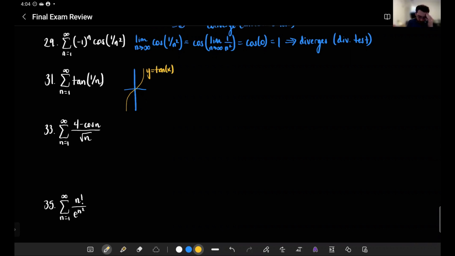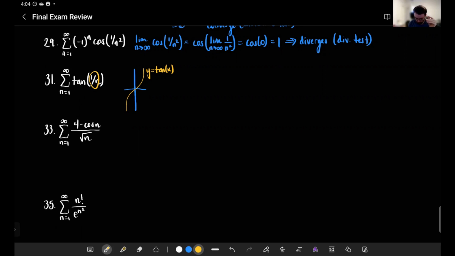And we're plugging in 1 over n. So 1 over n is 1, a half, a third, a fourth, a fifth. And it's getting smaller, right? So the more terms you go out in your series, the smaller things you're plugging into tangent.